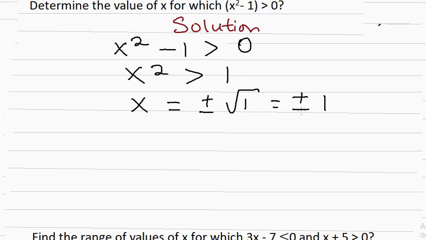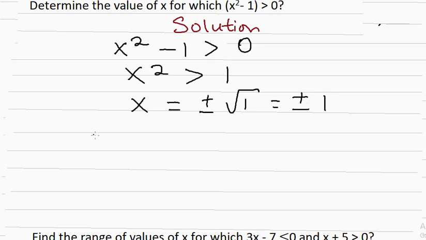One is minus, the other one is plus. So of course, writing the range, let me put it this way: x is greater than minus 1, then x is less than plus 1.